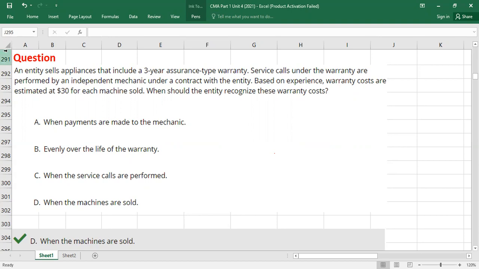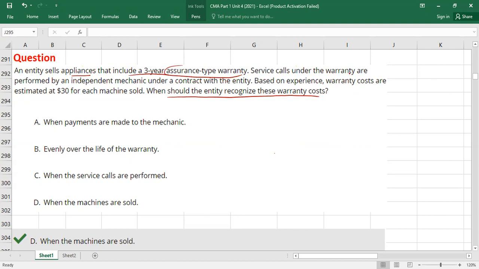So they're saying, guys, again read the question requirement first. What is the requirement? The question is, when should the entity recognize these warranty costs? When? So here we go. An entity sells appliances that include a 3 years assurance type warranty.